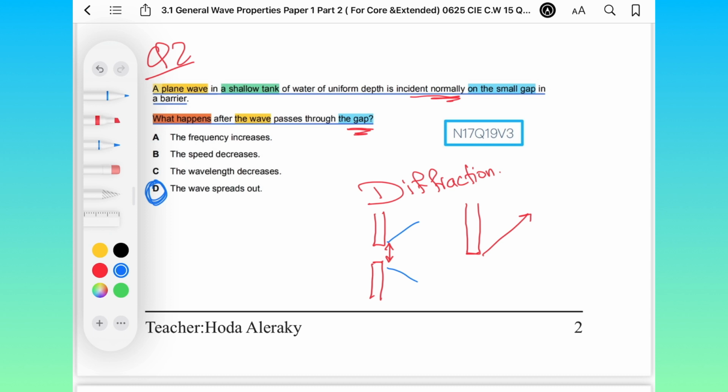Only change in direction. Only spreading out. So the frequency, the speed, the wavelength will be the same after the waves spread out after diffraction. Okay, so diffraction means spreading out of waves when they pass through a narrow gap or sharp edge. We will discuss it later on in detail.